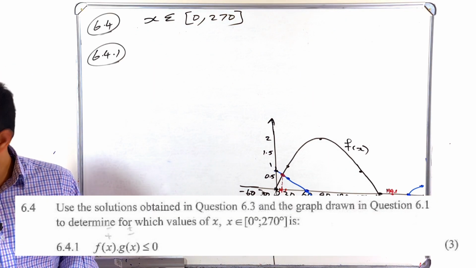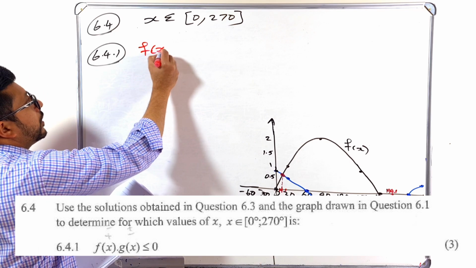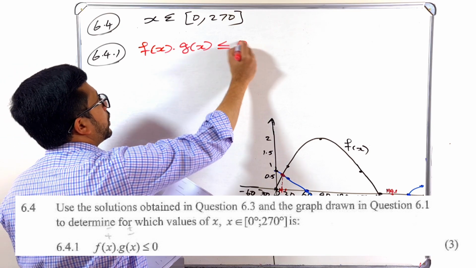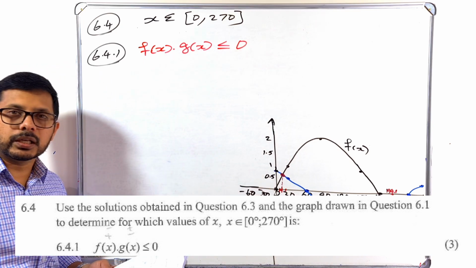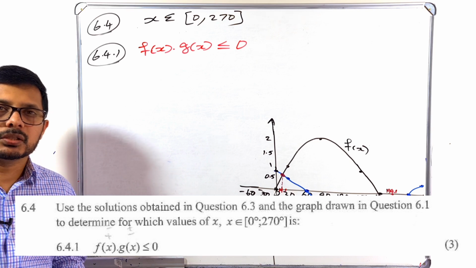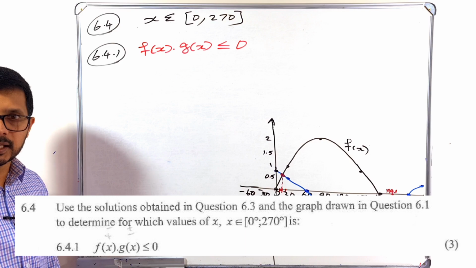We are going to find the values of x satisfying this condition. What is the condition? f of x times g of x is less than or equal to 0. Less than 0 means what? It's negative.